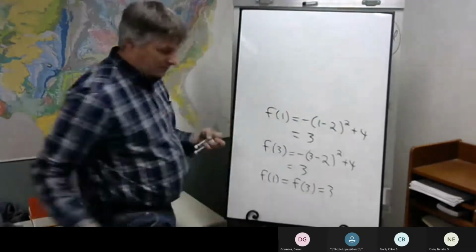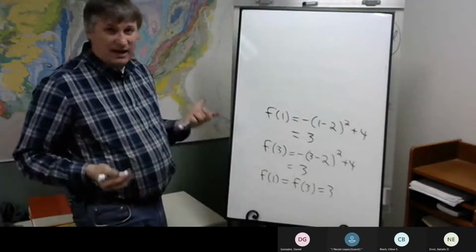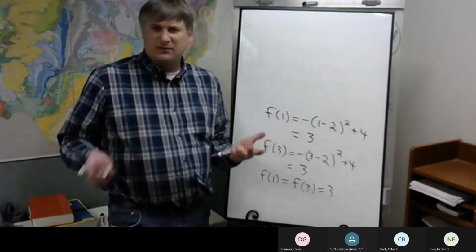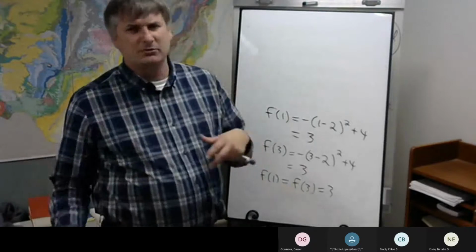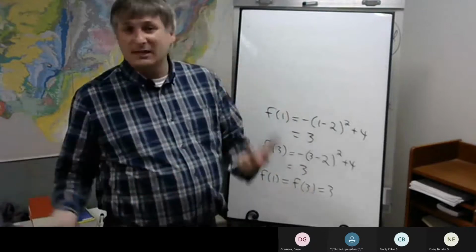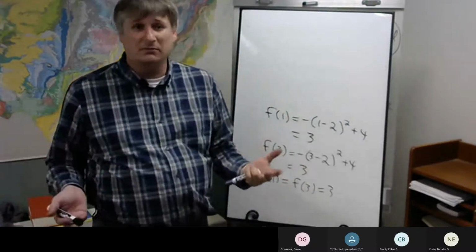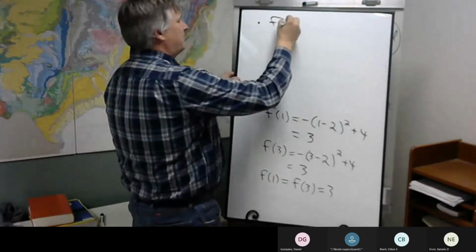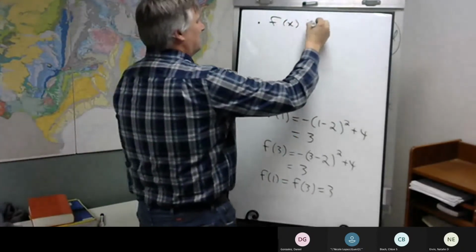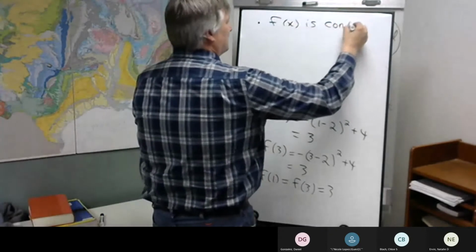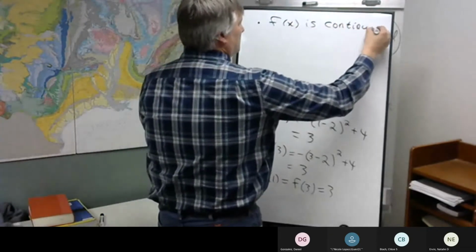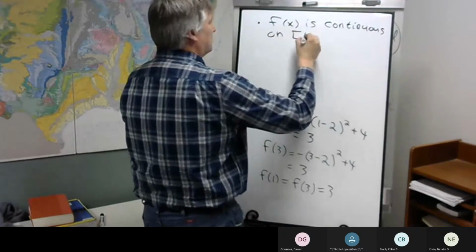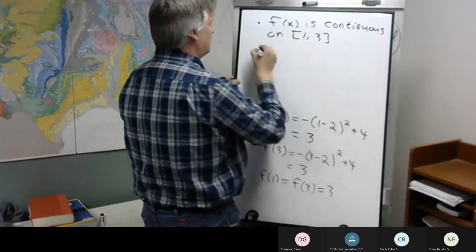So that means, because f is continuous, and that function is continuous, there's no division by zeros, no square roots, no natural logs or secant functions that we have to be concerned of. So the domain, so f of x, is continuous on [1, 3].